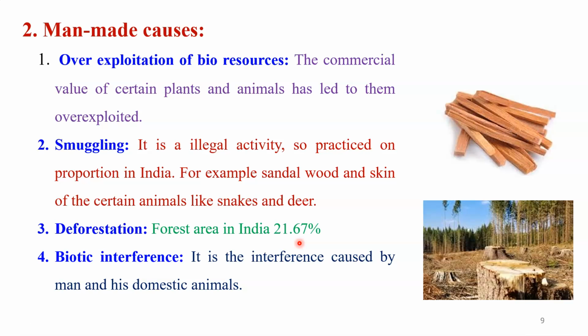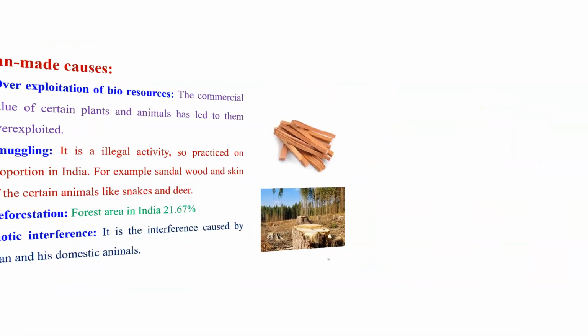Due to the interaction between man and environment, there is always damage to the environment through industrialization, urbanization, road expansion, commercial activities, and modern agriculture. All these things are directly or indirectly responsible for the loss of biodiversity in India. So this is also a very important reason.